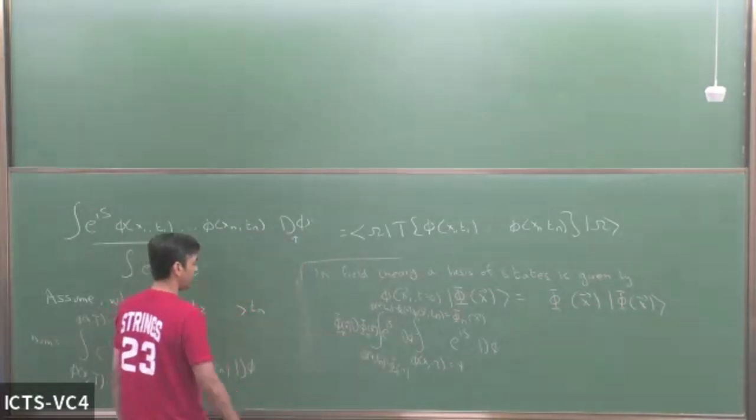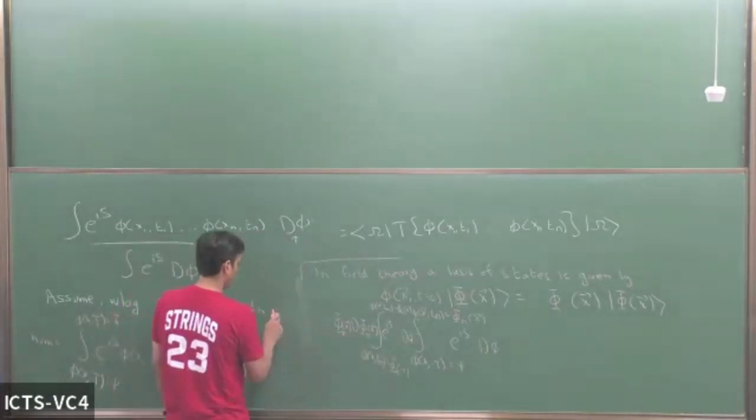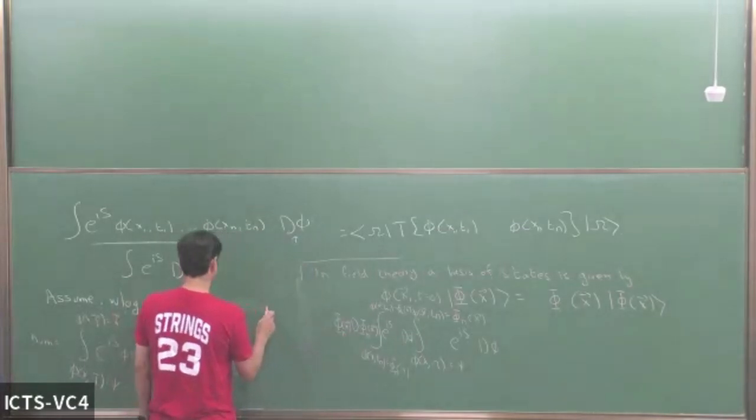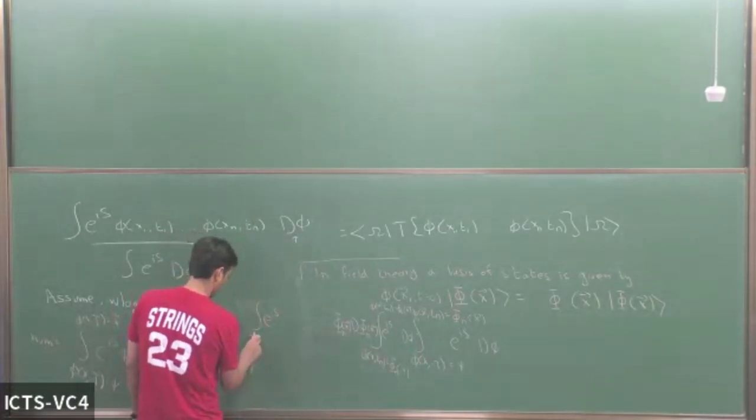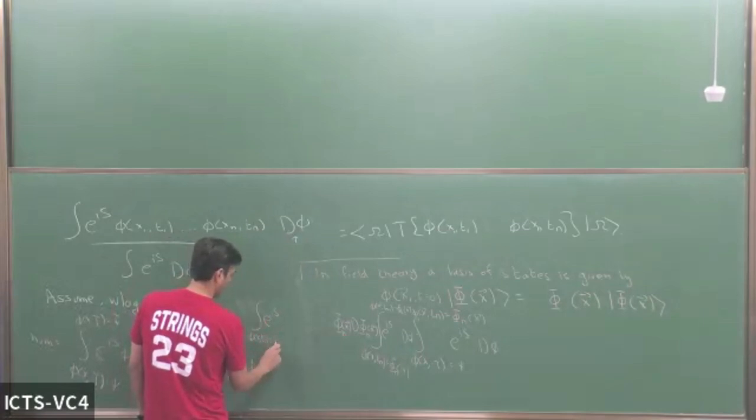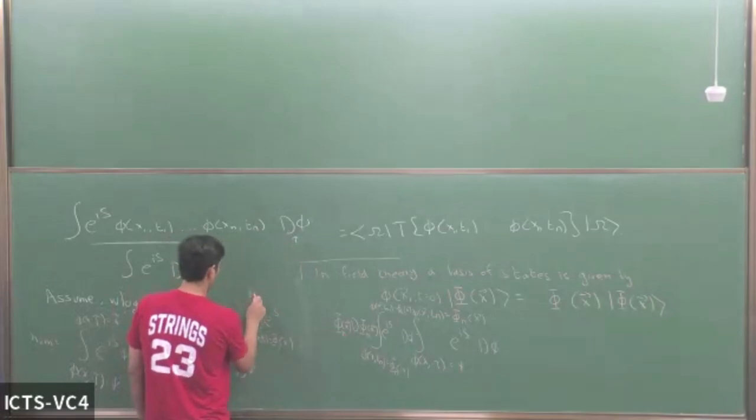And I can keep going like this all the way till I have an integral, e to the iS, from phi of x at t1 equal to phi 1, to phi of x at capital T equal to psi tilde.